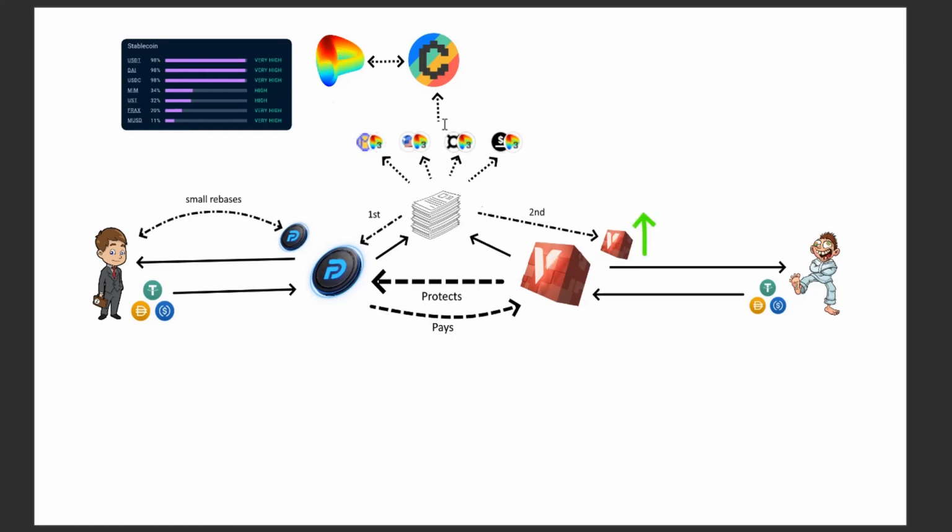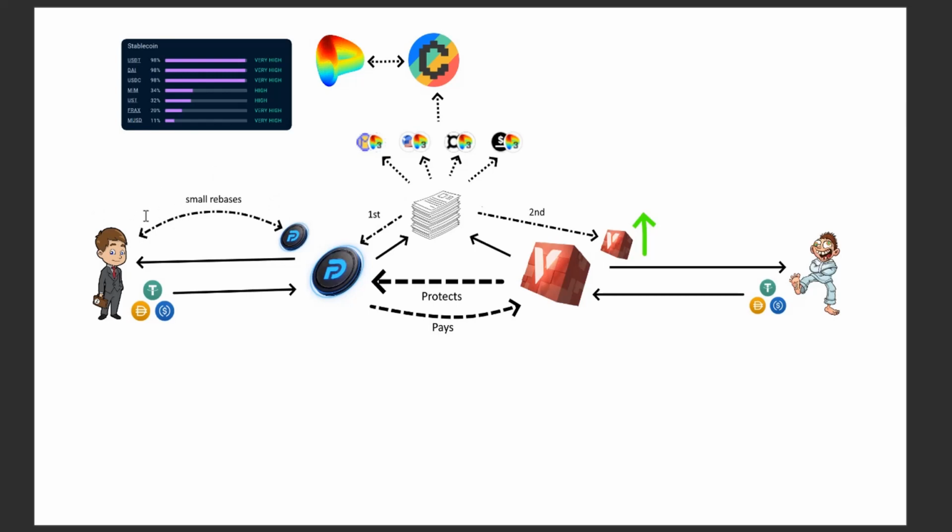Now, what do they do with this yield? Well, first they want to make sure that the password token is gaining its interest, right? And it is given to the user as rebases. So slowly, if you have 100 password tokens in your wallet, after some time you'll get rebases of more.